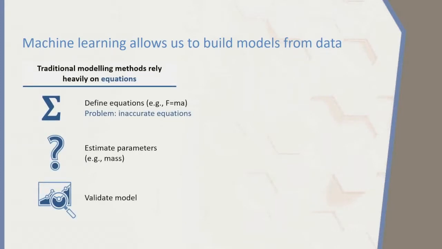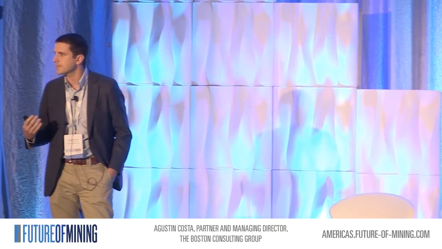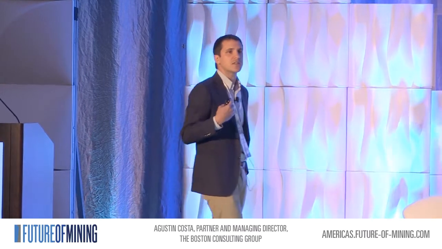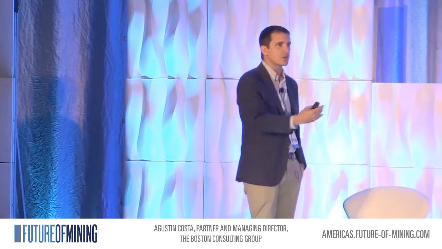So if we think about how we optimize and move through getting the most out of our operations, typically the traditional approach was defining models to try to identify optimal points of operation. But those models were based on predefined equations. So to some extent, we needed some knowledge getting into the operation.